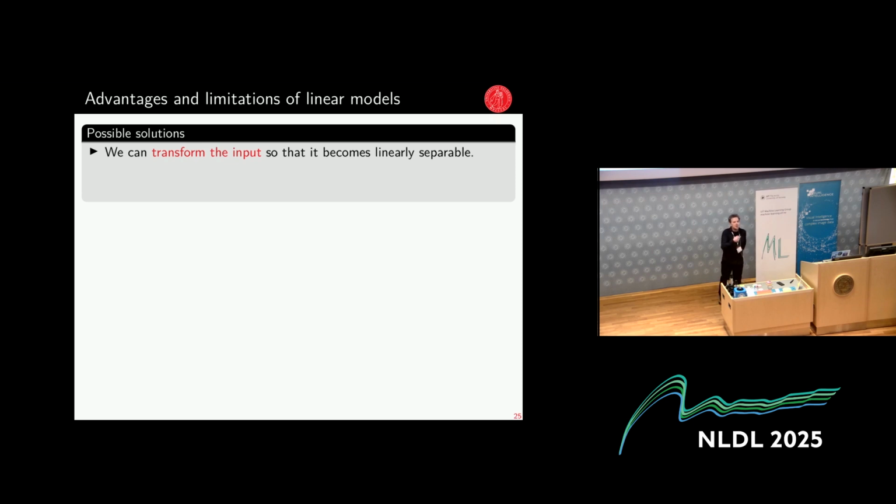So in order to devise a classifier which will be able to make correct predictions on datasets like that, we can somehow transform the input. So we can transform the representations of the instances in this dataset so that the dataset becomes linearly separable.